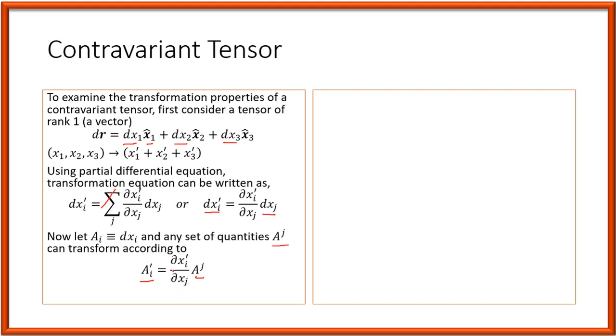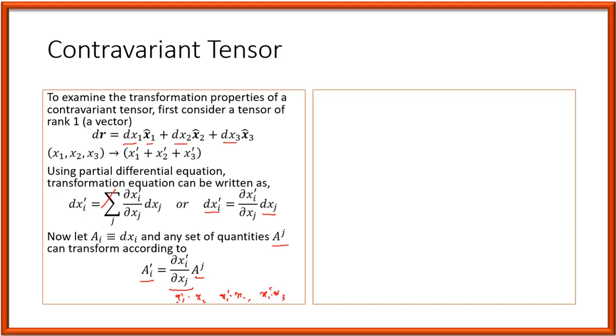Now you can see that this quantity dou xi dash by dou xj says how much xi dash is along the xj component, or it is just the direction cosine, the cosine of the angle between the xi dash and the xj axes. That is the cosine of maybe x1 dash and x2, or x1 dash and x1, or x1 dash and x3 and so on.